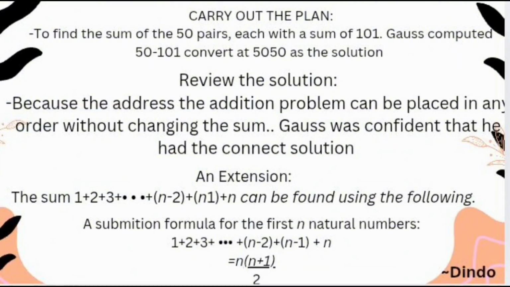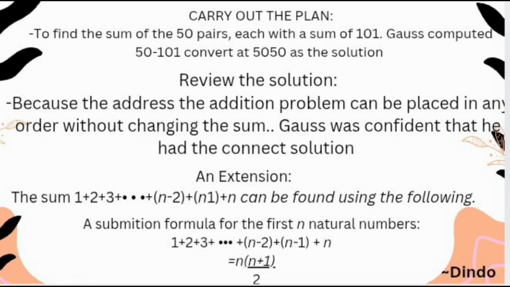Next is an extension. The sum 1 plus 2 plus 3 plus ... plus (n minus 2) plus (n minus 1) plus n can be found by using the following formula. So this is the formula.